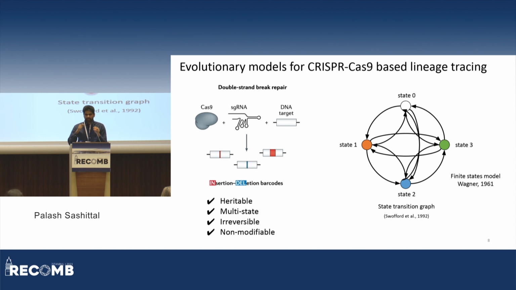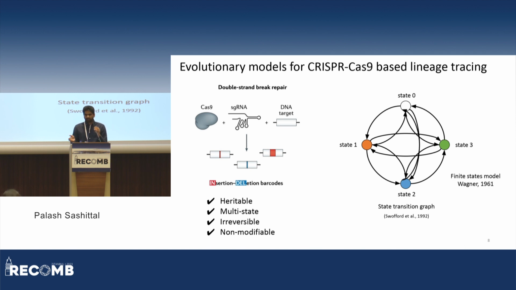And the directed edges of this graph tell you which state transitions are allowed under your evolutionary model. In this example, this is the most permissive evolutionary model that allows all kinds of transitions, and this is known as the finite states model. As you can see, this finite states model doesn't have the right properties for CRISPR-Cas9 mutations.